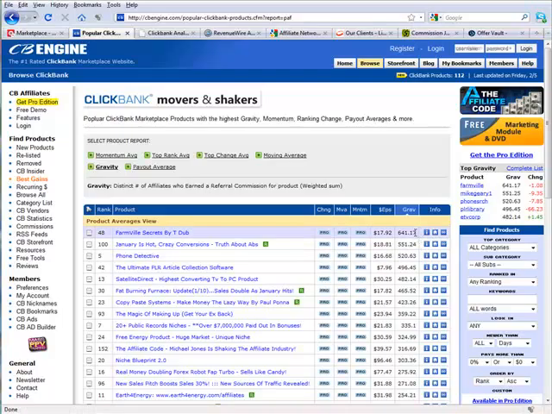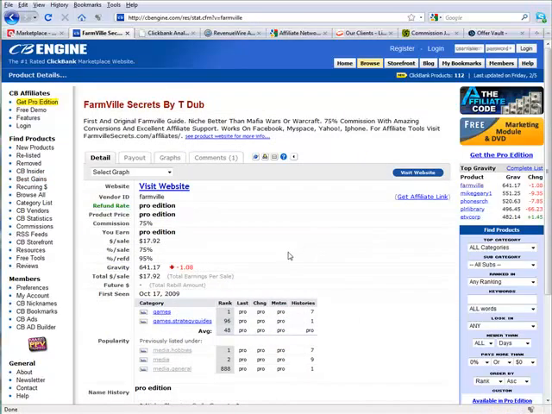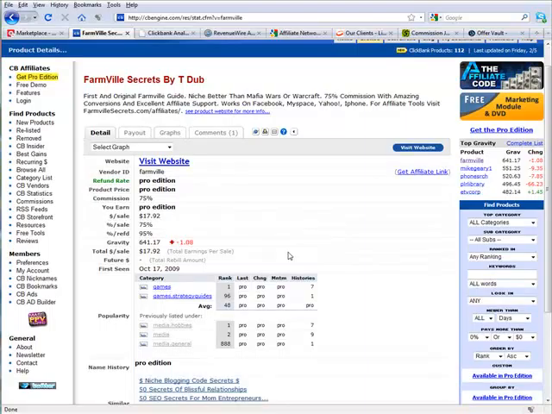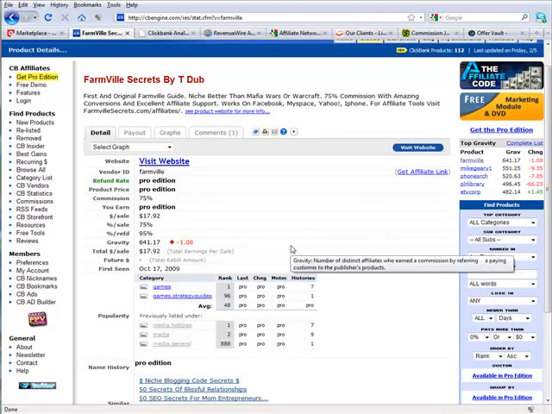With a gravity of 641, that's just ridiculous. Especially when you consider the fact that this offer has not been around very long. One of the great things that CB Engine gives you is basically just a little snapshot about the offer.